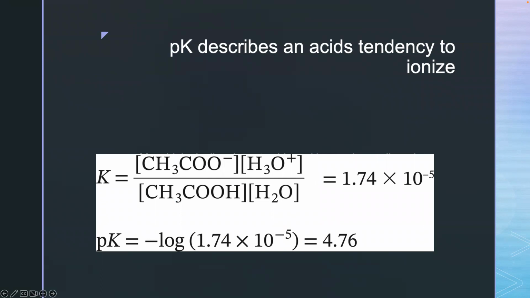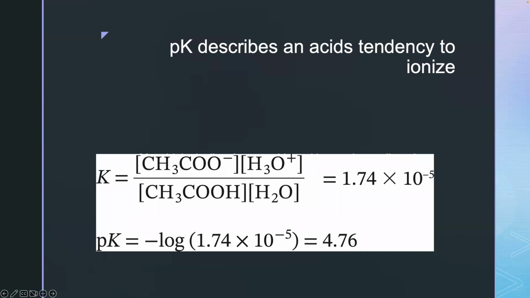So to determine how weak or how strong an acid is, we need to think about its tendency to ionize or its tendency to dissociate and lose that hydrogen ion. Remember we just talked about dissociation constants, so you can have a K for any acid in general, and you can look at the concentration of the base and the concentration of the acid and essentially determine the pH at which you have equal concentrations of both.